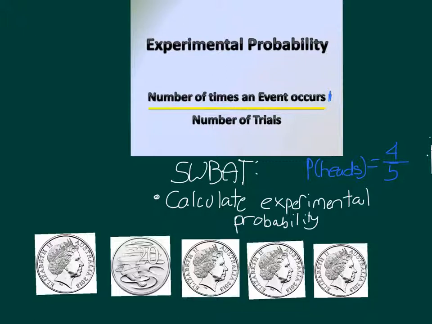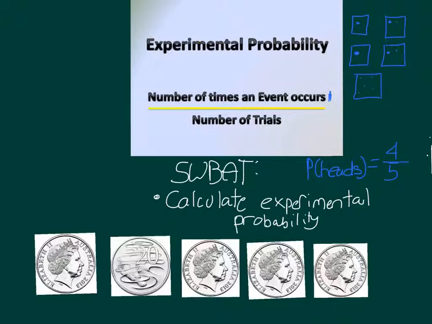So another example, let's say I rolled a die a few times. So first time I got a 1, roll it again, and then I got a 2, then I got a 1, then I got 2 again, and then I got 5.